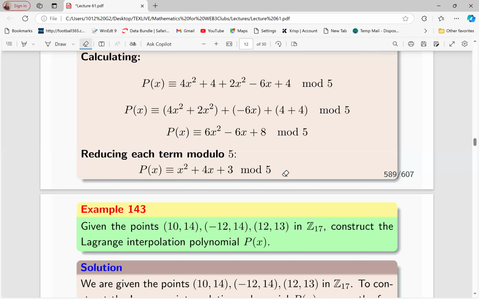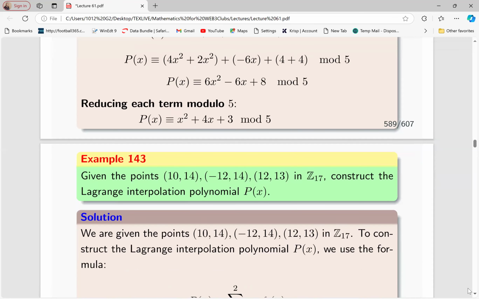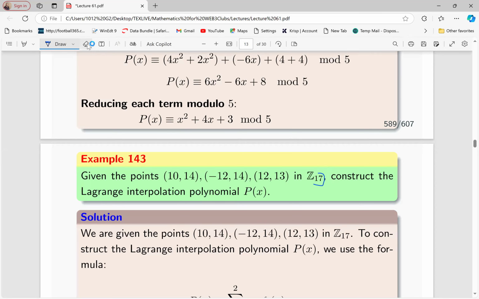Now, in the following example, I decided to use slightly larger numbers just to give exercise in finding inverses and reducing mod 17. I'm now using mod 17 just to ensure that those who have not done modular inverses can use this to remind themselves how we're getting modular inverses.